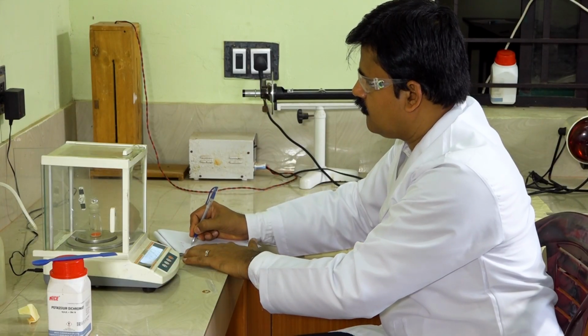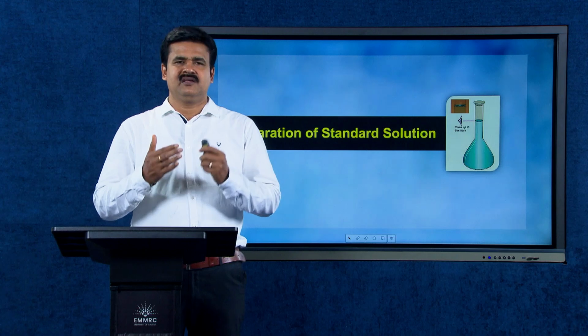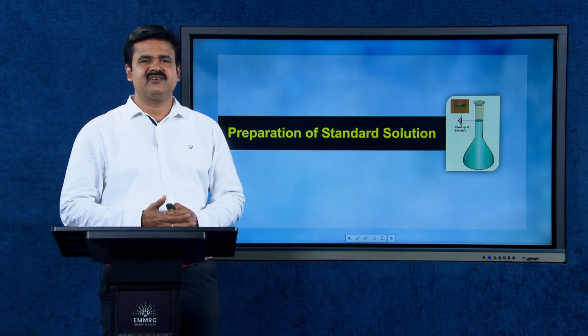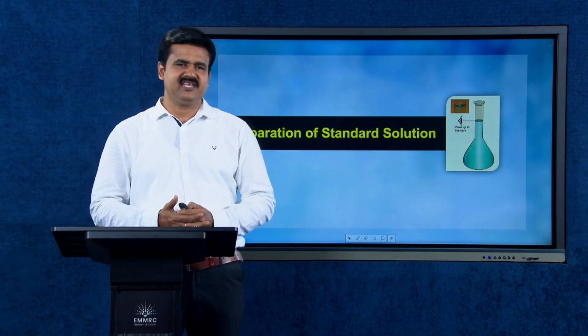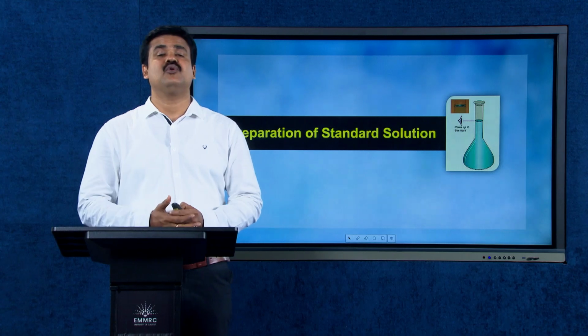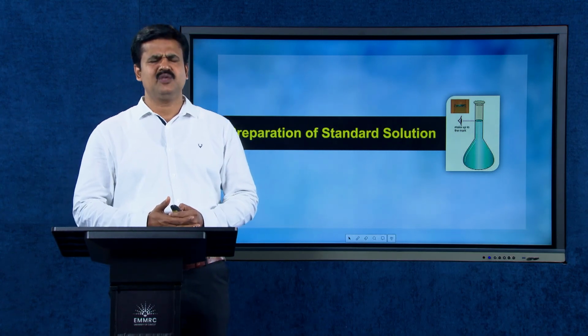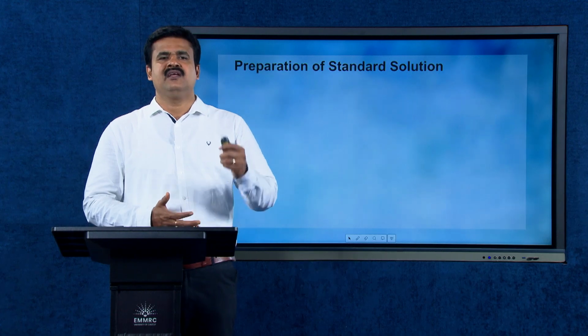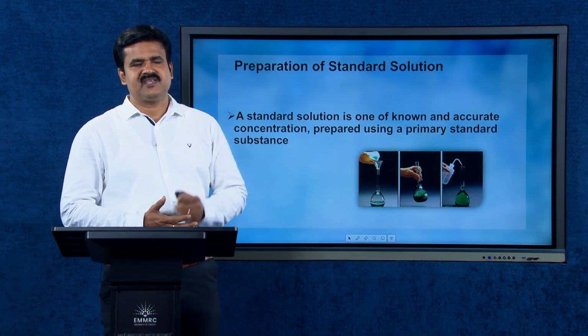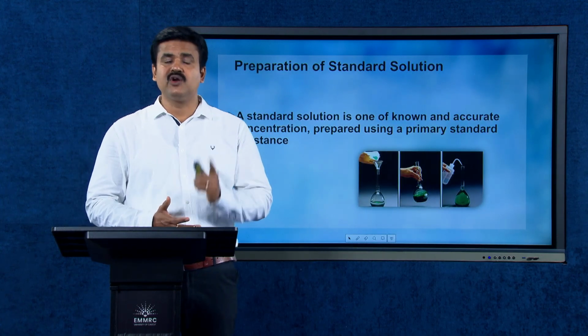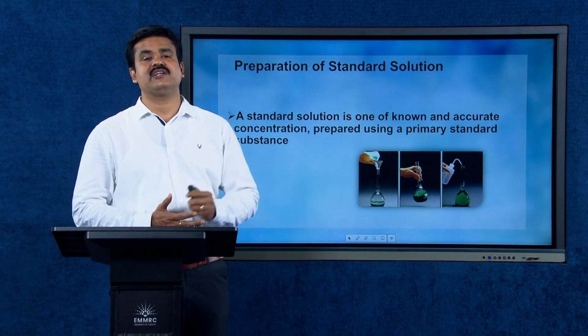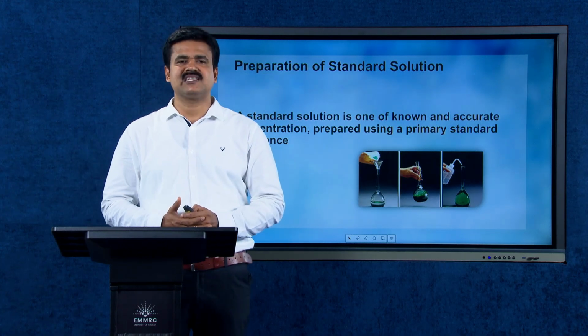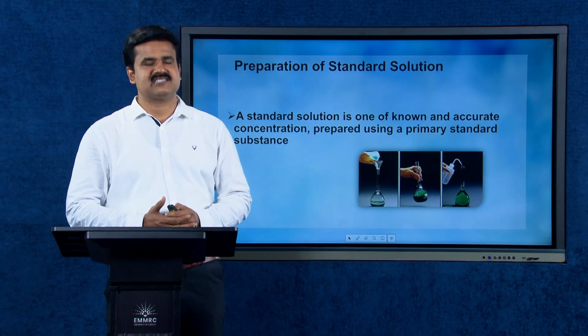The last part of the present module is about preparation of a standard solution. You are all familiar with standard solutions. A standard solution is one of known and accurate concentration, prepared using a primary standard substance.